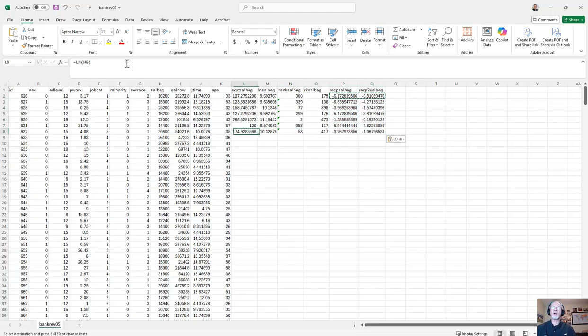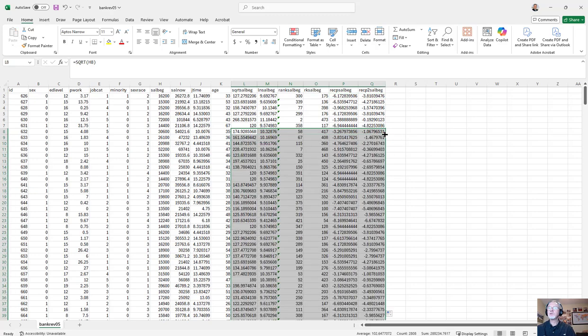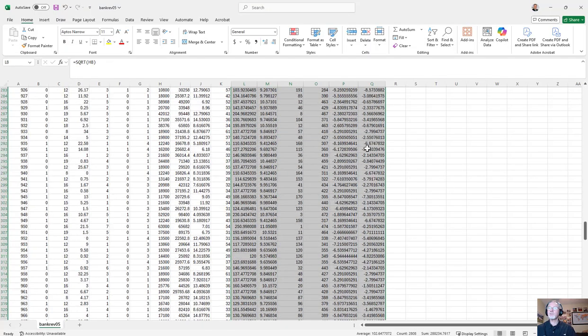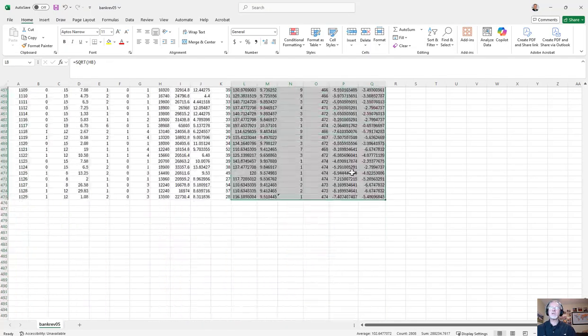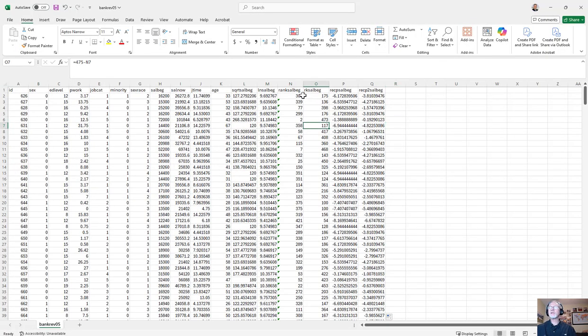Okay, I'm going to take all of this and I double clicked on the bottom right and it copied those formulas all the way down. And so I've manipulated my data set. So there's some basic commands in Excel for manipulating your data set.